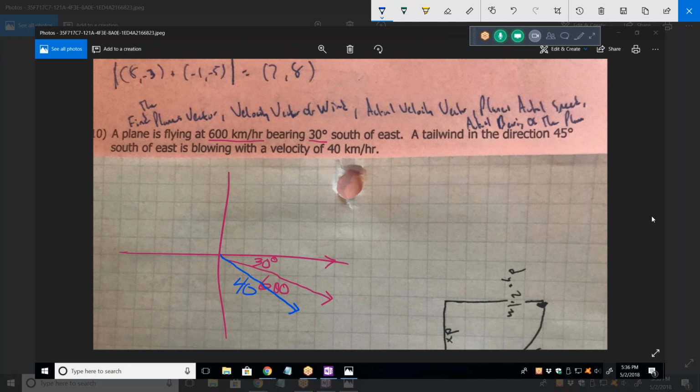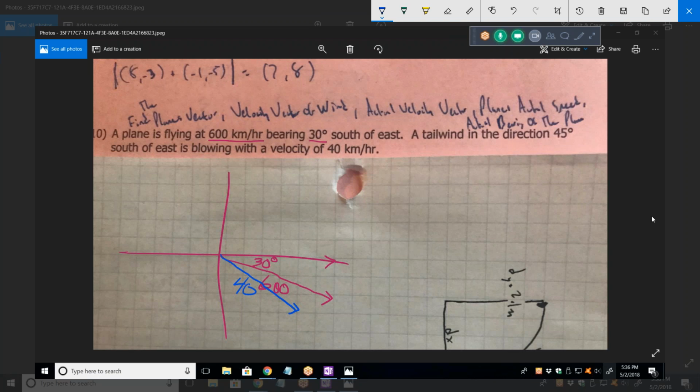In other words, obviously if there was no wind, the plane would fly at 600 kilometers per hour at 30 degrees south of east. But with a wind, it's going to affect the plane. And if we want to combine those two vectors, the best way to deal with vectors is to break down each vector into its components.